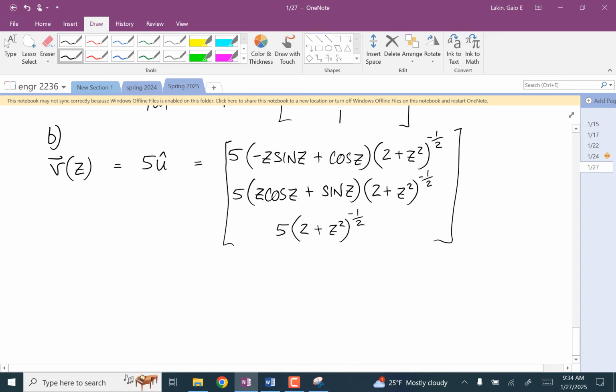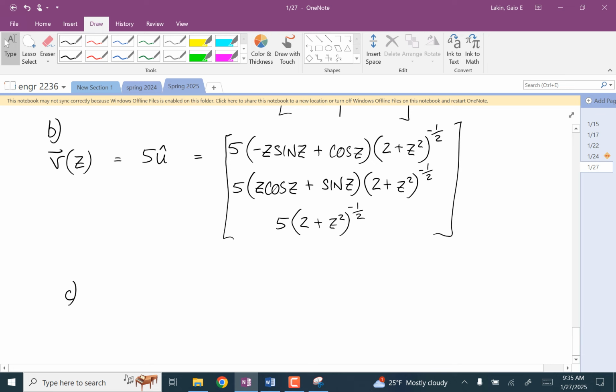Okay, so now C. I'm sort of waffling on whether we're actually going to compute this derivative. Look how ugly it is. These always get ugly because you're dividing by a magnitude, so unless things really simplify a lot, it's going to be an ugly derivative.